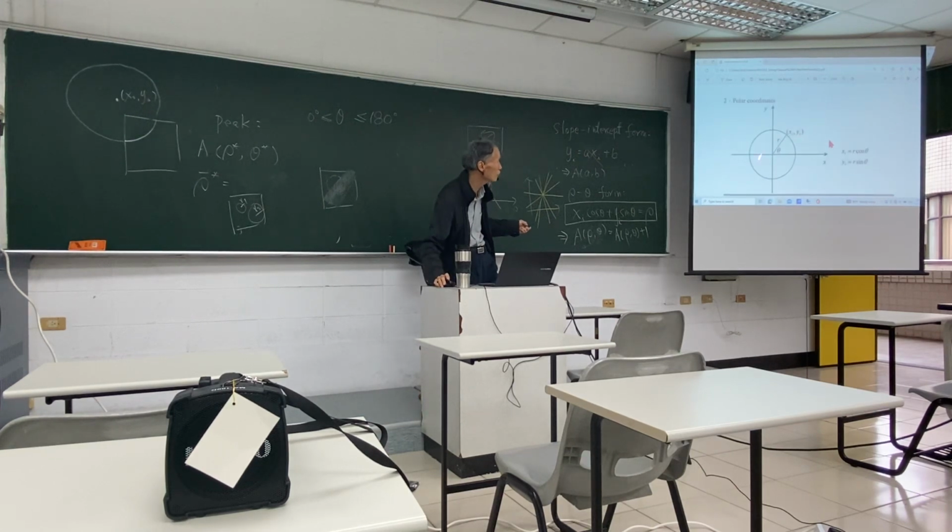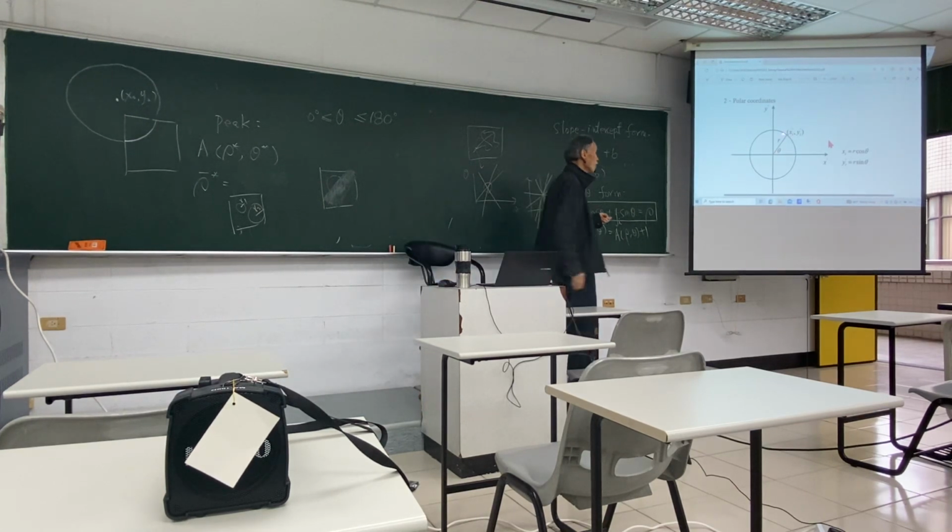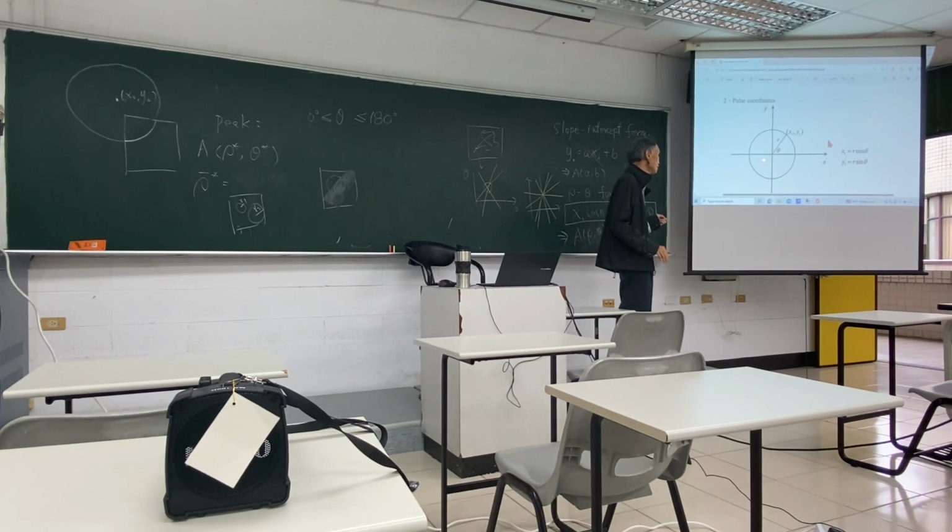This is the first. We assume the center of the circle is at the origin, with x equal to 0, y equal to 0. Now for the polar coordinate, you need to specify the angle between the radius, the current line here, for some point xi, yi, and the x-axis.